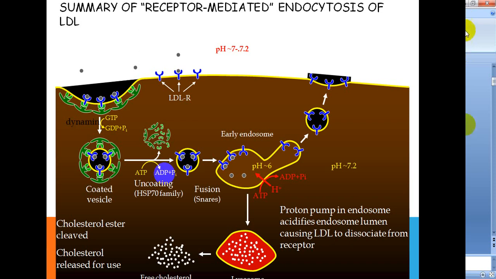Now this LDL moves into the lysosome, and the dissociated receptors move back to the plasma membrane for another cycle of endocytosis.